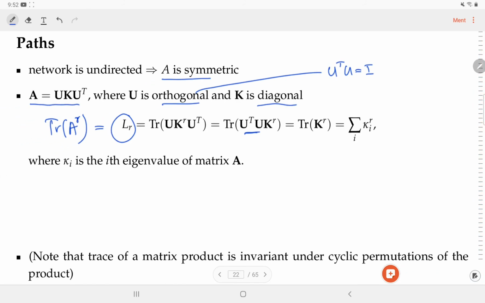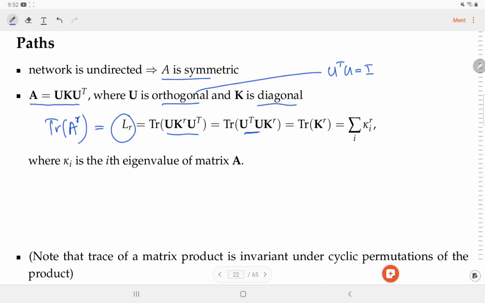So there is a decomposition of a symmetric matrix into this form, by linear algebra. Then instead of A to the power r, we can write U times K to the power of r multiplied with U transpose. Now, it's also true that U^r, if U was orthogonal, is equal to U. Maybe this is not true, so maybe I should remove this one, but it's definitely true if we take the trace.